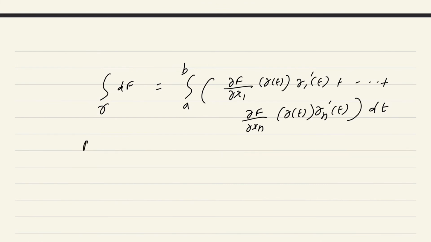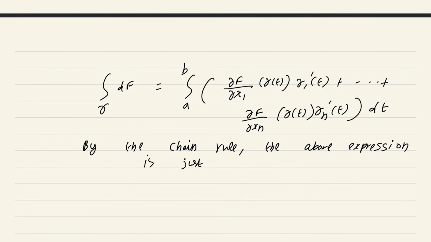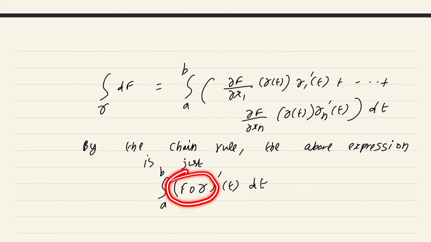By the chain rule, the above expression is just the integral from a to b of (f composed with gamma) prime of t dt. Now f composed with gamma is just a single variable function.